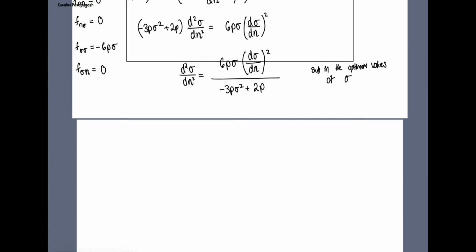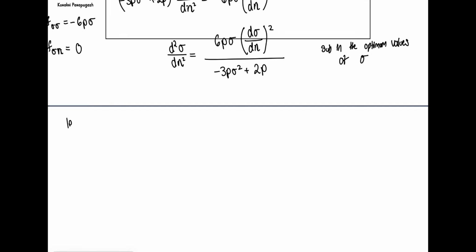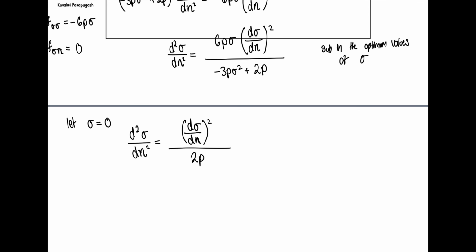And now what we have to do is sub in the optimum values of sigma. So if I put a new page in, let sigma is equal to 0, we will get d sigma over d eta squared all over 2p, and d sigma over d eta when sigma was equal to 0 was minus 1 over 2p.